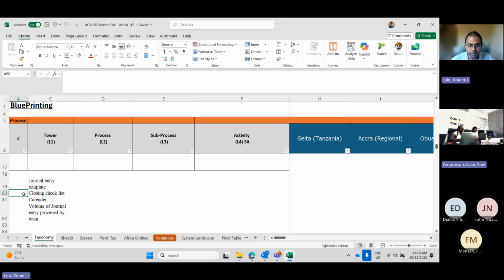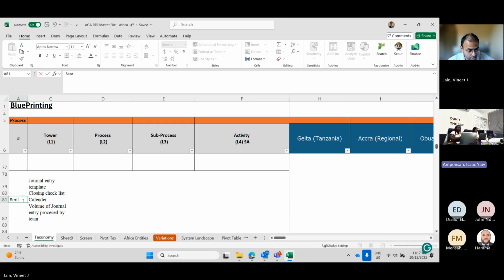But the closing checklist is different for everyone, right? So you need to send 4 checklists to me for all the sites. That they will send you, I think they have sent. I'm talking about the corporate one. You have already sent the calendar. So I would need the volume of the journals which you process.